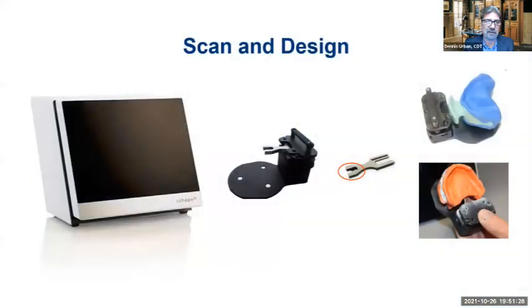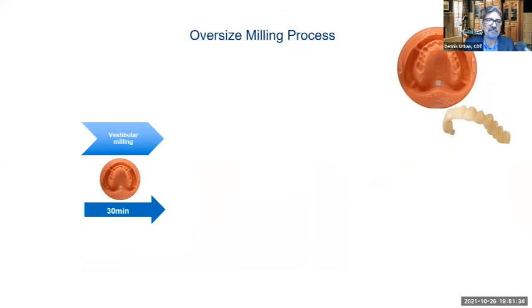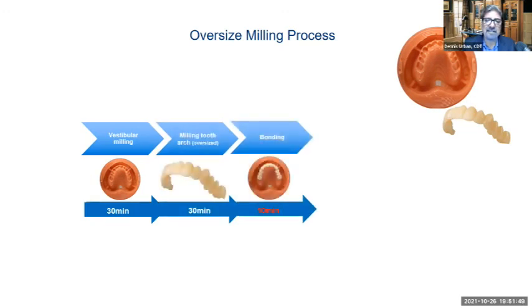And the workflow we talked about earlier: scan and design. And there's something called the oversized milling process, which is called vestibular milling. So the base and the arch of the denture teeth are oversized. Once this is finished, it takes about 30 minutes for each. You bond it to the denture base, then you put it back in the milling machine, and it finishes the denture for you.